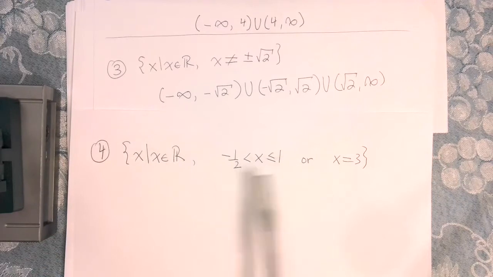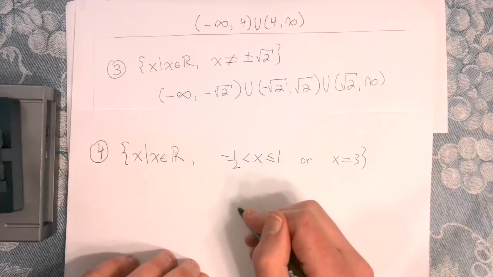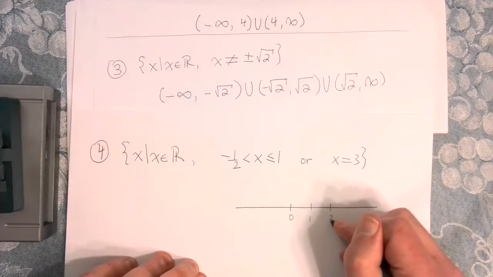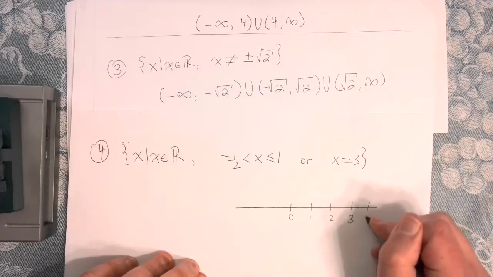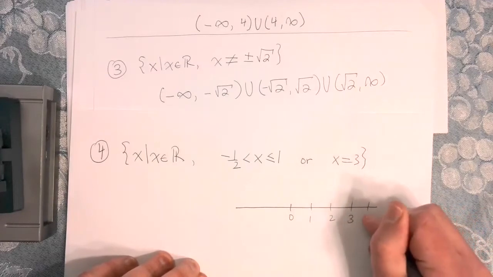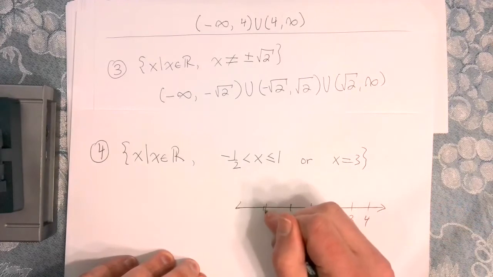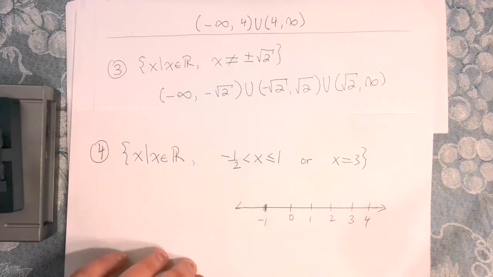So we're combining a lot of ideas here. Maybe this would be a good one for our number line here. Let's say here's 0, 1, 2, 3, 4. I like to go a little beyond. So I'll go to 4. And then here's minus 1. That should be good.